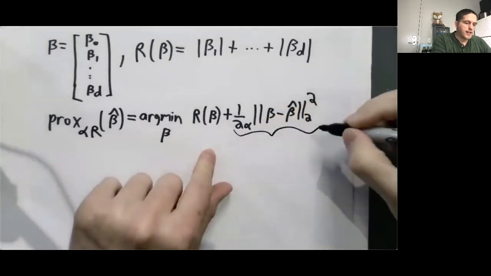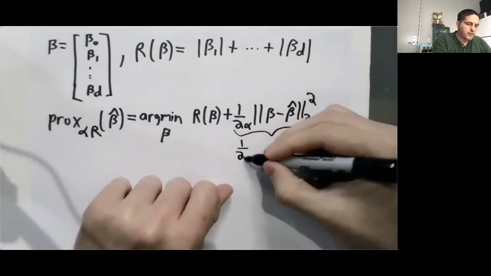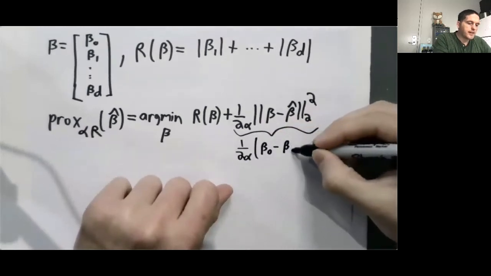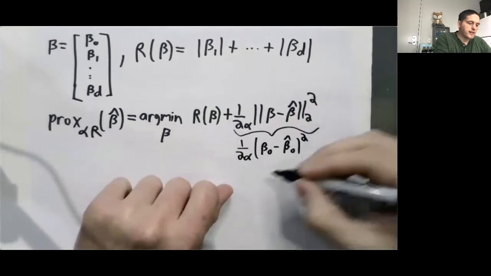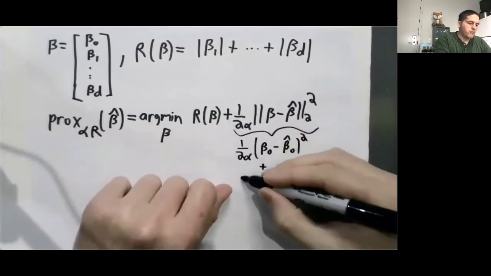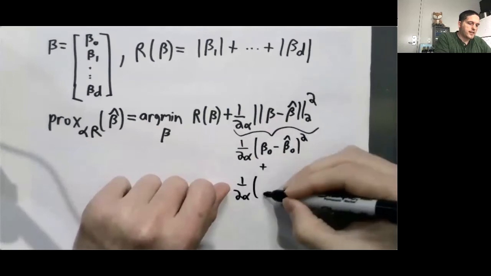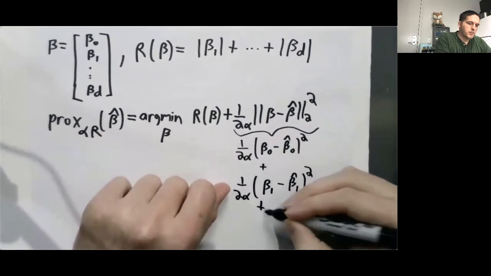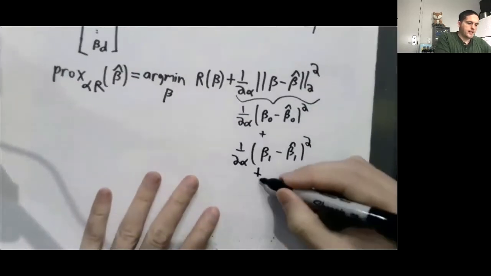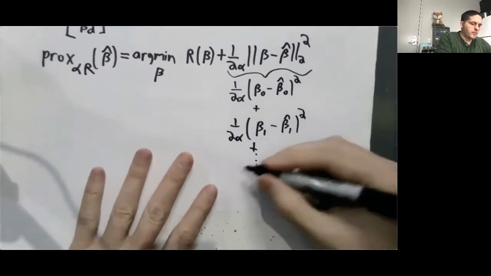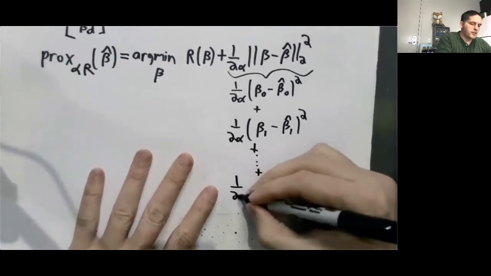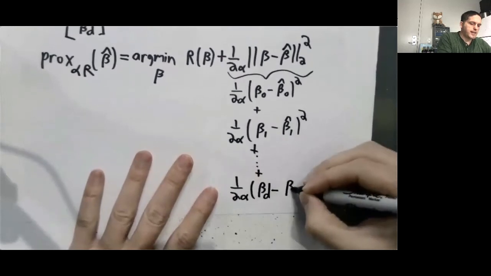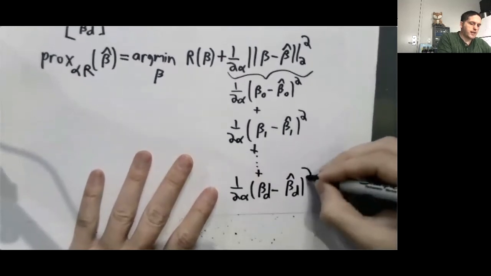This term in detail is equal to 1 over 2 alpha times beta 0 minus beta 0 hat squared plus 1 over 2 alpha times beta 1 minus beta 1 hat squared plus dot dot dot plus 1 over 2 alpha times beta d minus beta d hat squared.